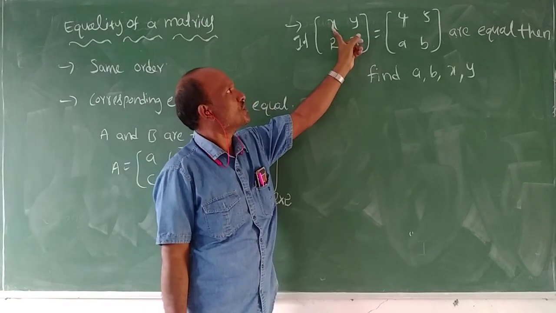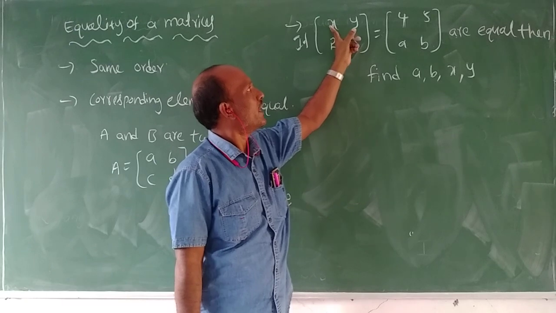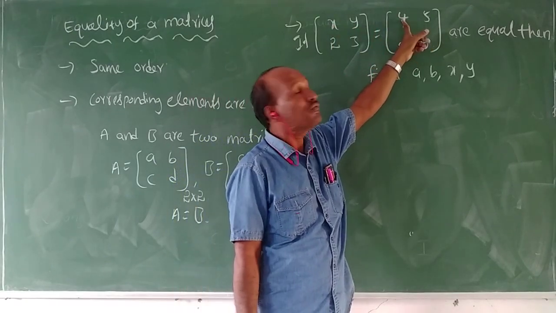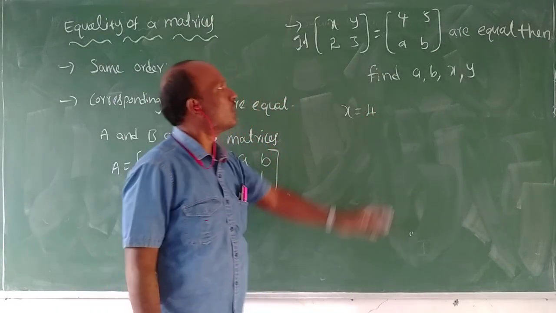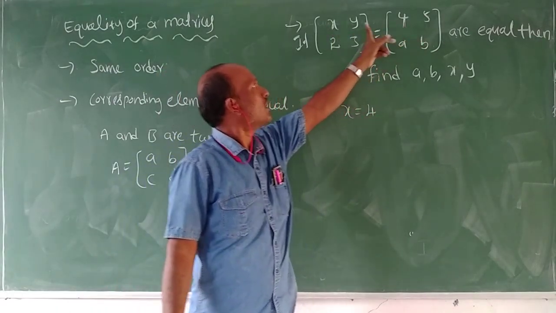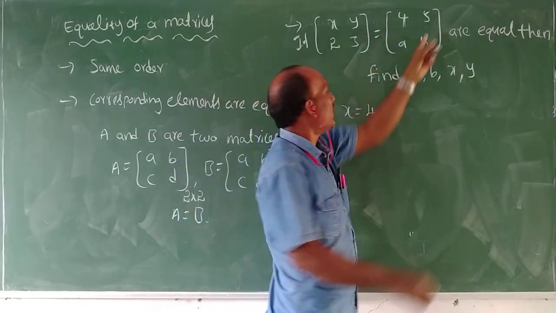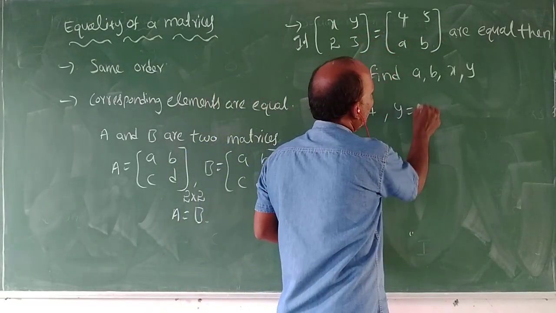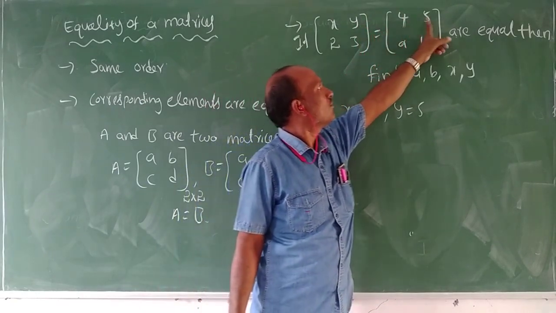First row, first element: x equal to 4. Next, y equal to 5, the first row second element.